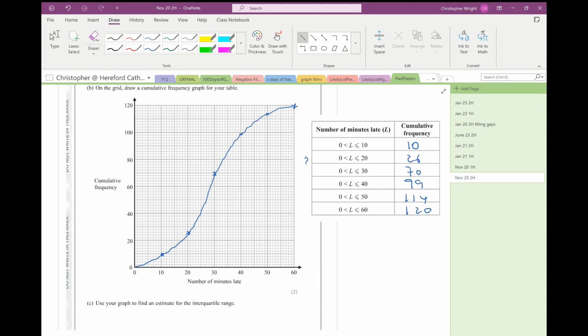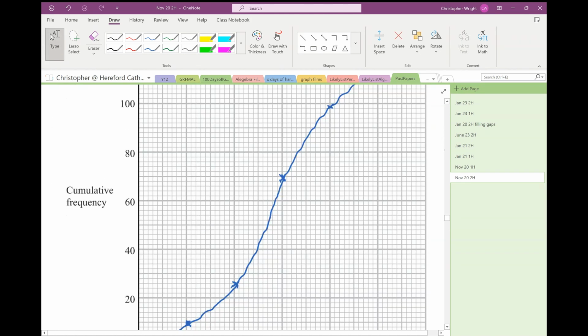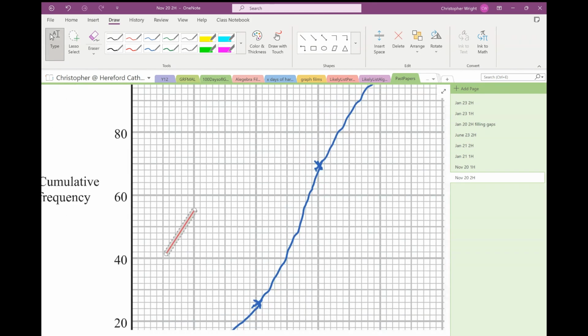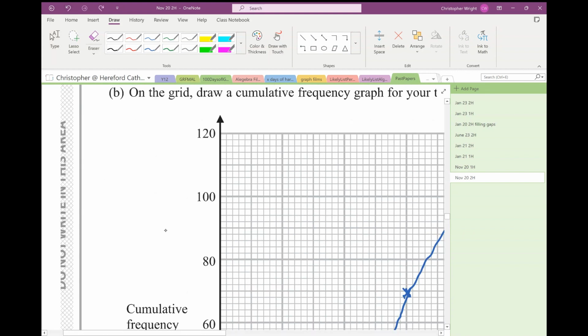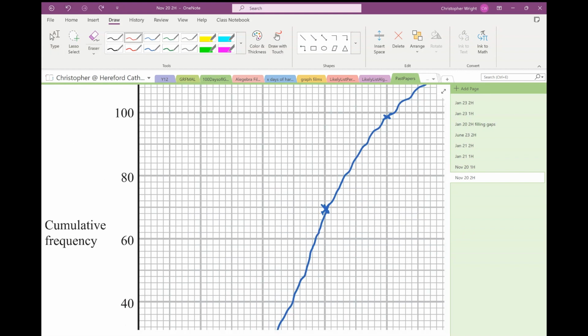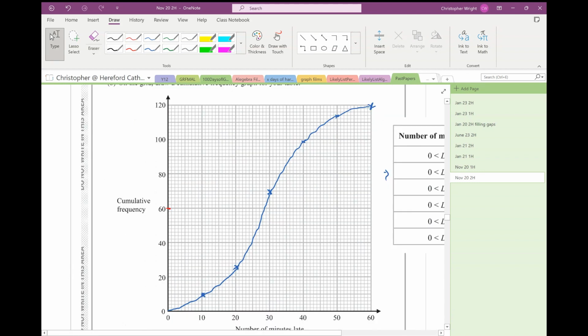So, if I wanted to find the median, I would be looking at the 60th bus. Okay, so the lower quartile is going to be the 30th bus. So I'll draw a straight line along here to hit my graph there.